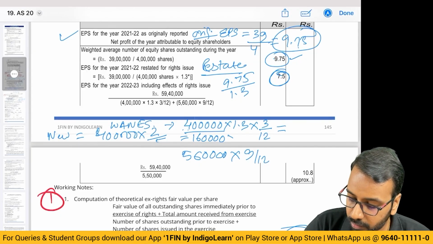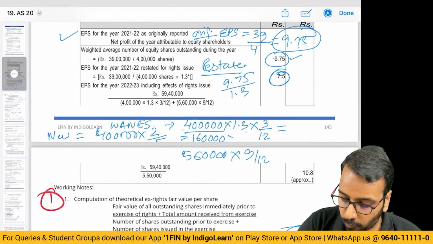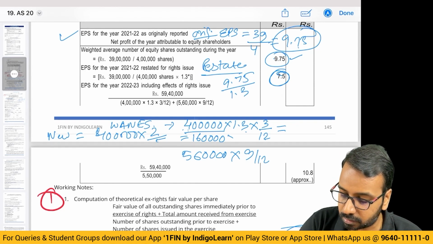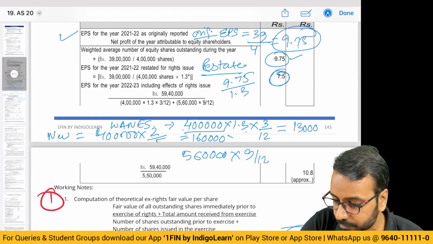So 4 lakhs into 1.3 into 3 divided by 12, that is 4 lakhs into 1.3 into 3 divided by 12, 1 lakh into 1.3, 1,30,000.